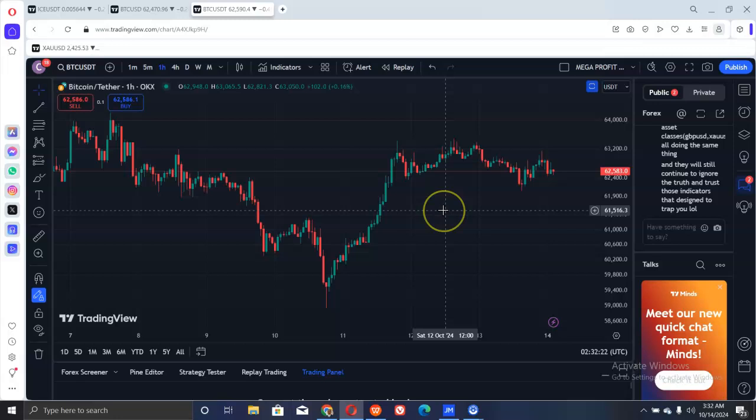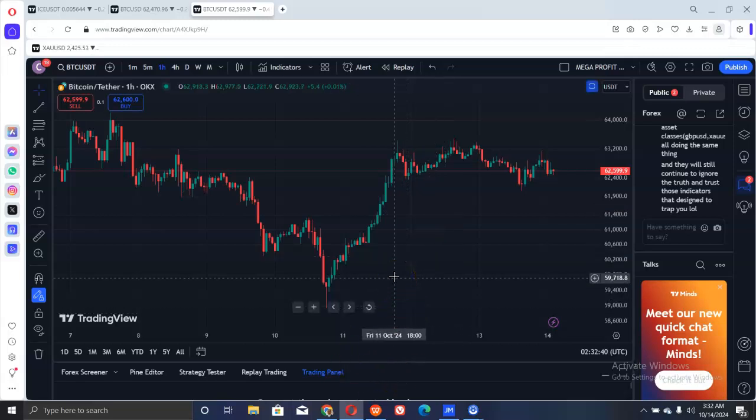Then the next thing you must see is consolidation. There must be a consolidation in price before there will be either a bullish continuation or a bearish move. So that is how the market works.